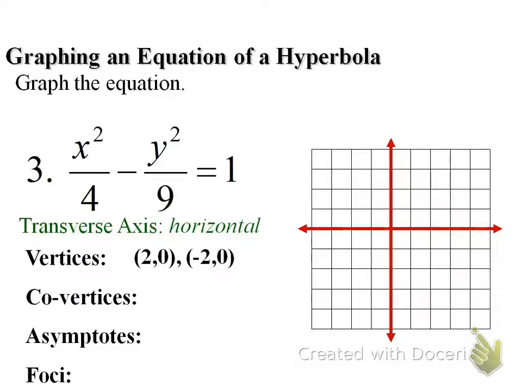Yeah, (2, 0), (negative 2, 0). You're going side to side 2 units because it's the square root of this term, and it's under the x. How many am I going to go in the y direction to get my co-vertices? How many? 3, good. So I need to go up 3, I need to go down 3.